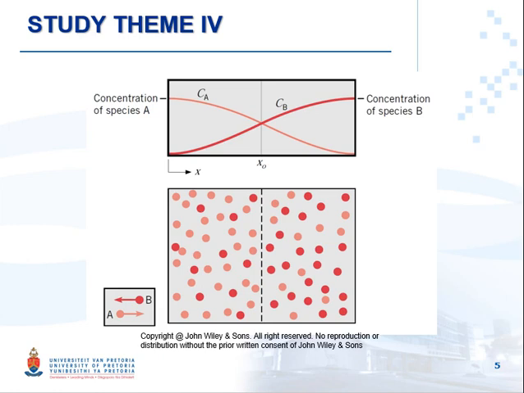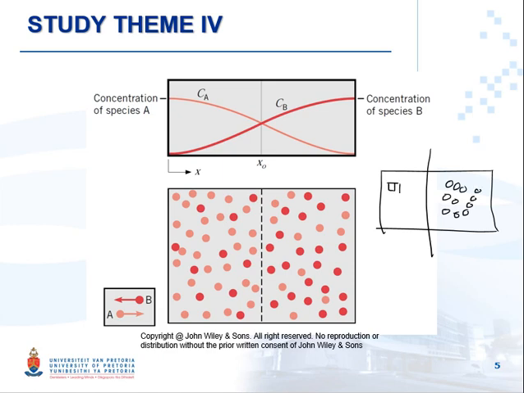So just look at this slide. Let's say we have a box. It's divided into two sides, right hand side and left hand side. On the right hand side we have species B, and on the left hand side we have species A. They are just like, let's say they are molecules, for example, B and A. The chamber is divided into two sections.